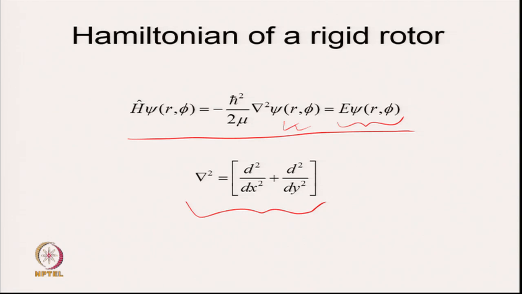But to solve this Schrödinger equation, we need to convert this equation from the Cartesian coordinate system to the polar coordinate system. Once we do that, we will be able to solve the Schrödinger equation, and we can get the energy of different rotational levels.